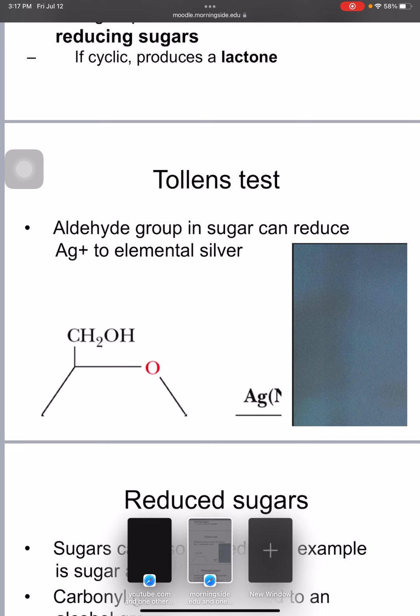It would oxidize the glucose, but in the process it would form elemental silver as a byproduct, and it would deposit, and you would have a mirror. That's one of the reasons antique mirrors that were made in this fashion are so expensive, because literally they are coated with silver.